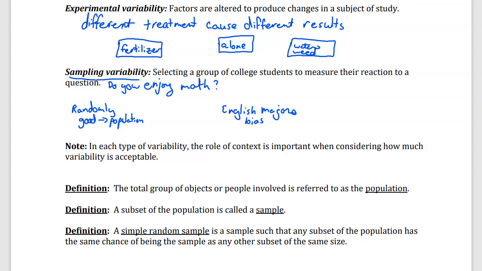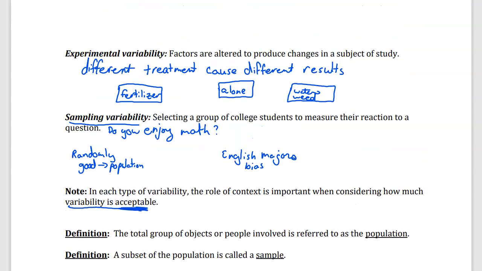And so in each of these contexts, we have to consider how much variability is actually acceptable. Just like with the experimental variability. Would leaving something completely alone compared to giving something fertilizer and then watering and weeding it be acceptable? I mean, this one doesn't have much of a chance compared to the other two.